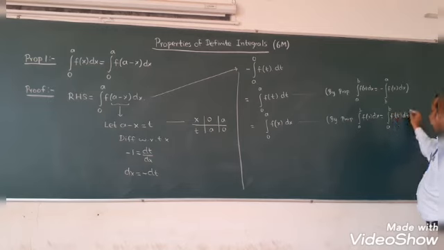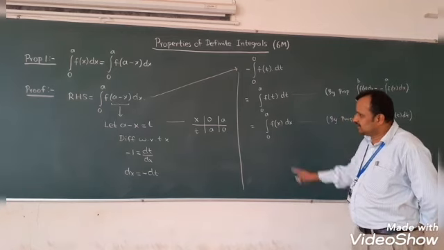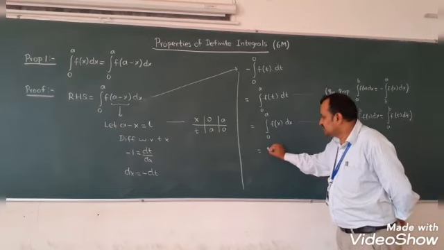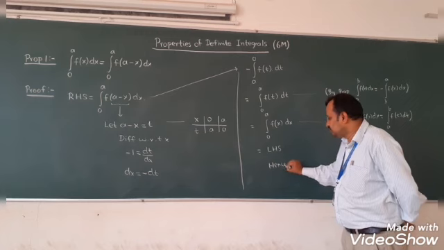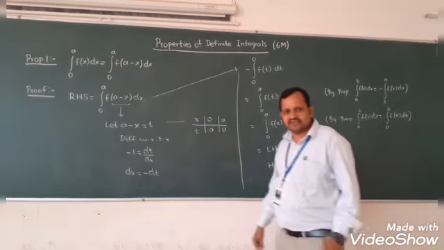So by using this property, in place of t we can write x. So this is integral 0 to a f of x dx. Now can I say this is nothing but the left hand side or not? So this is the left hand side. Hence proved.